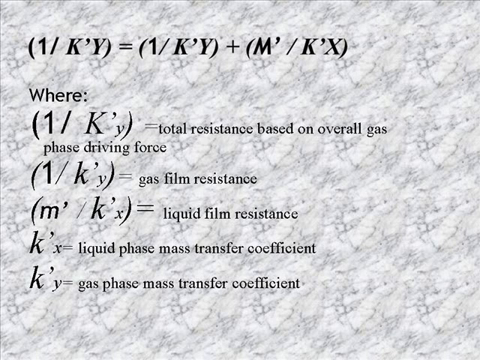We can have the M prime over K prime X as the liquid film resistance, while we can define K prime X as the liquid phase mass transfer coefficient and K prime Y as the gas phase mass transfer coefficient.